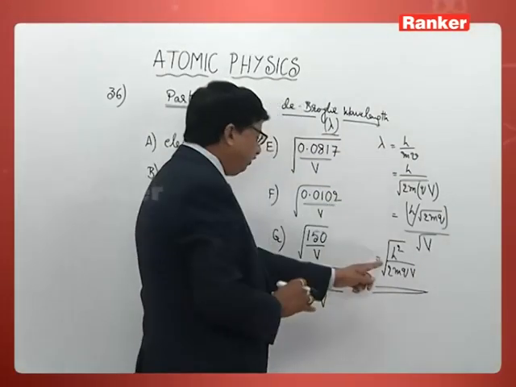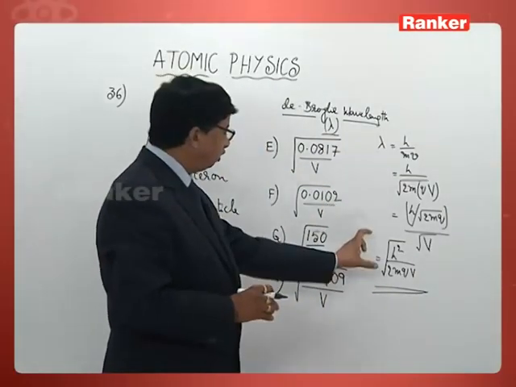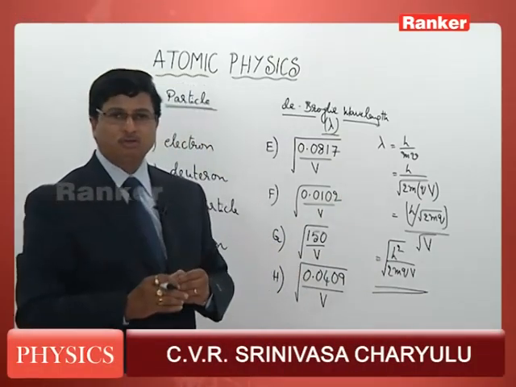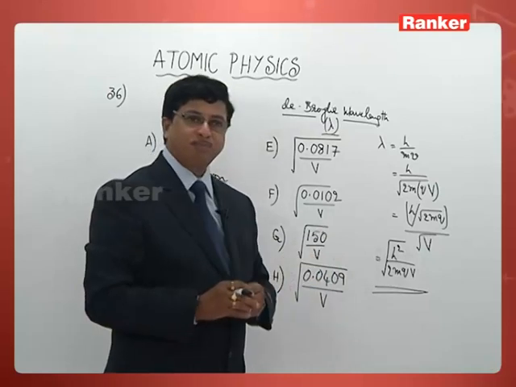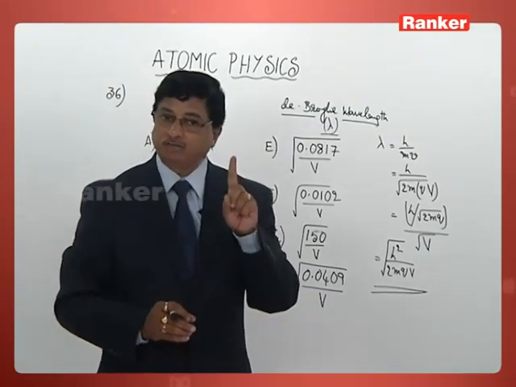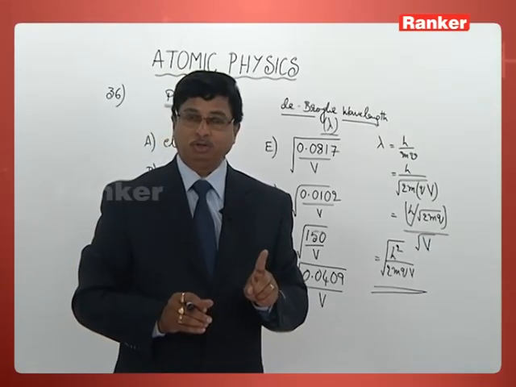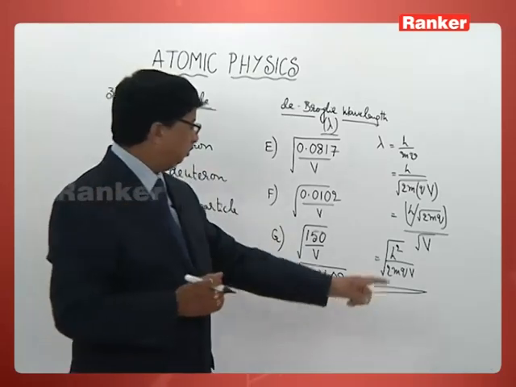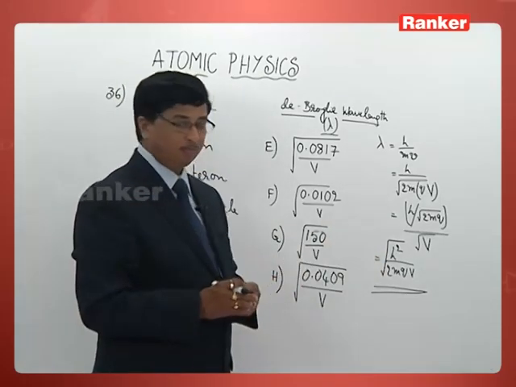In fact, this is the equation that has been taken by him. We also used to take the same equation, where h is 6.6 into 10 power minus 34. We know that value very well. You have to square it up, fine.